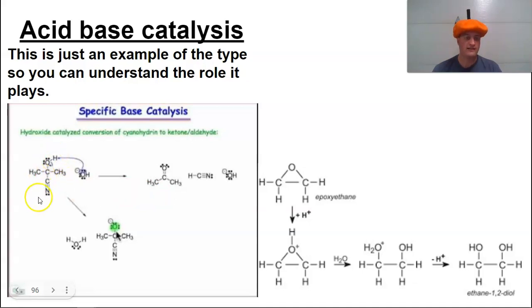But you can kind of see the factor that you have this OH reacting and the carbon-nitrogen triple bond. How does this hydrogen come around? So this would normally break down to this.